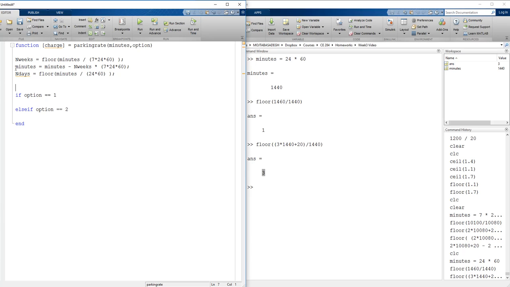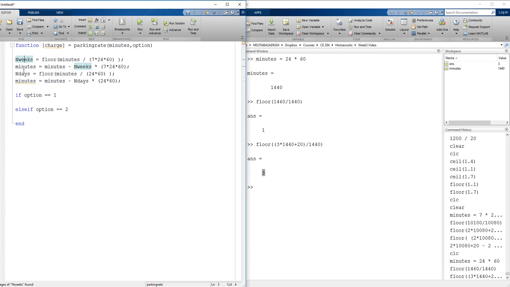Now again, I have to update the number of minutes because I removed the number of days from them. So minutes is equal to minutes minus number of days now, instead of number of weeks, times 24 hour per day, 60 minutes per hour. So this is now my updated number of minutes.